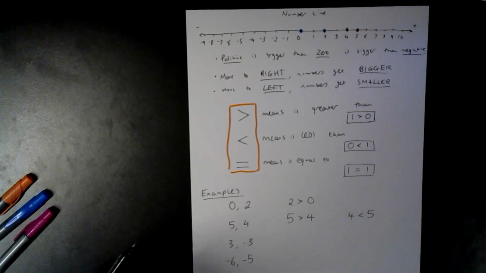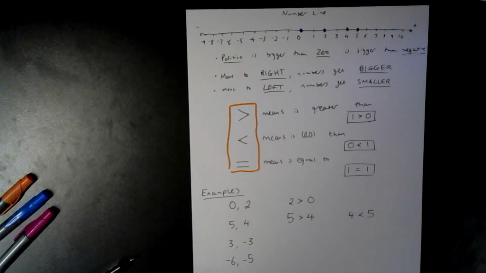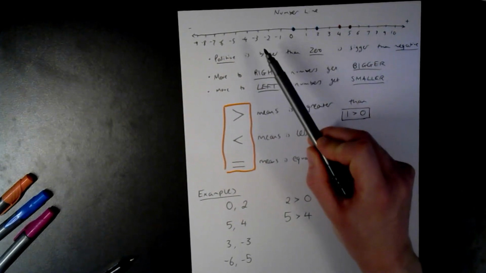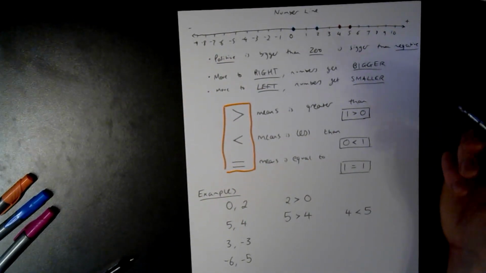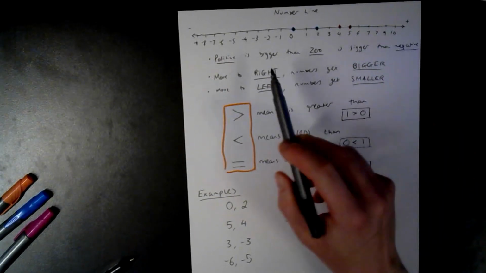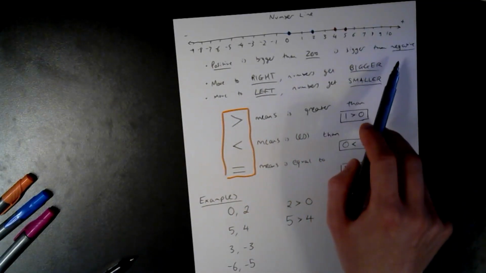Okay, looking at this third example now, we've got to compare 3 and minus 3, or 3 and negative 3. Well, one method which you could use, which you may have used, is to mark them on the number line. I'd just like to draw your attention to another method, which is instead thinking about this fact up here.